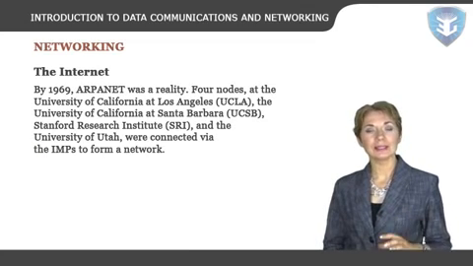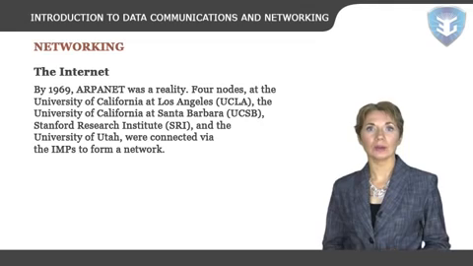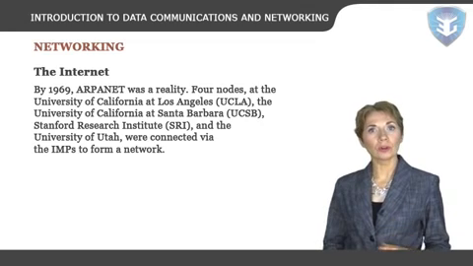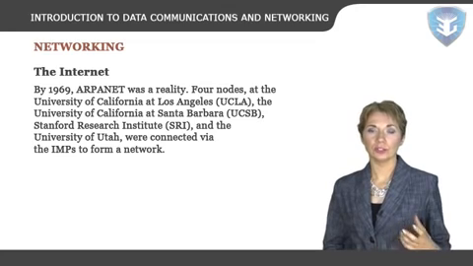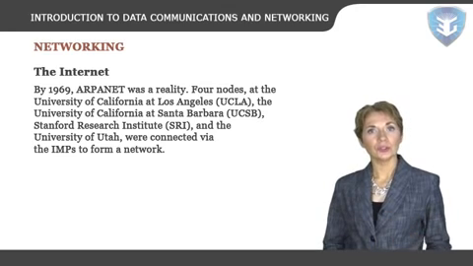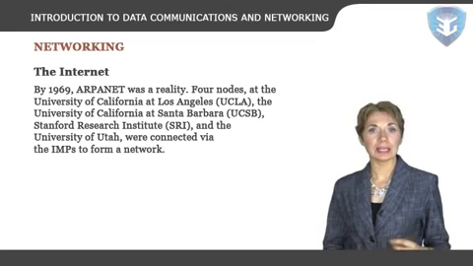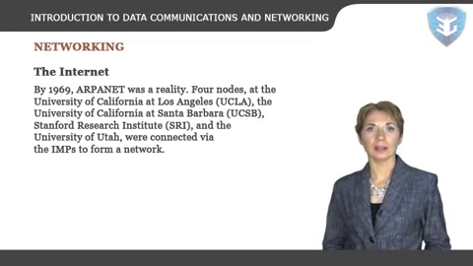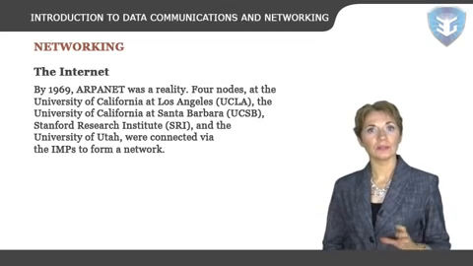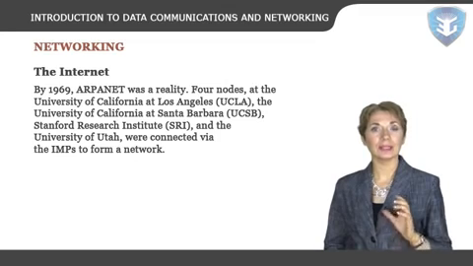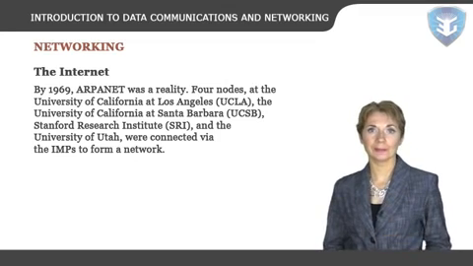By 1969, ARPANet was a reality. 4 nodes at the University of California at Los Angeles, UCLA, the University of California at Santa Barbara, UCSB, Stanford Research Institute, SRI, and the University of Utah were connected via the IMPs to form a network.